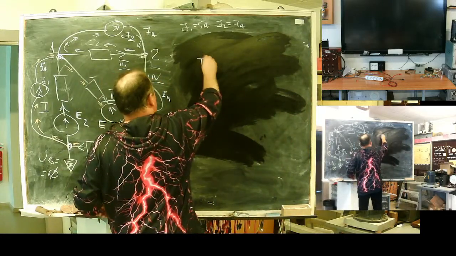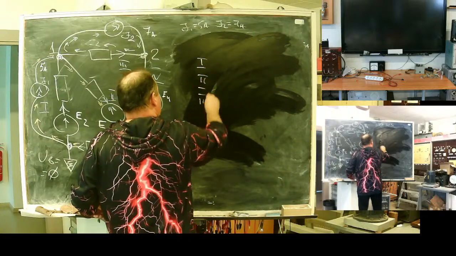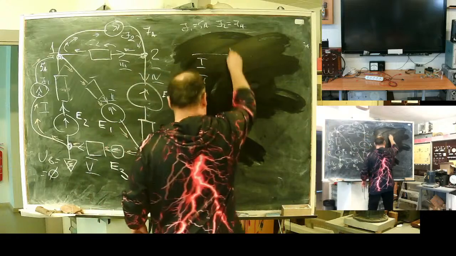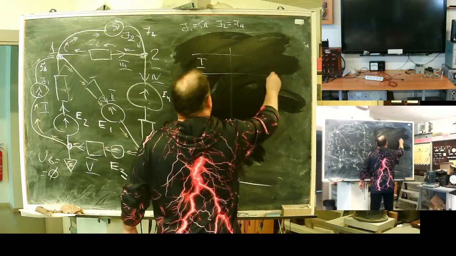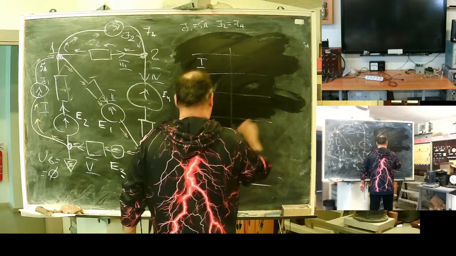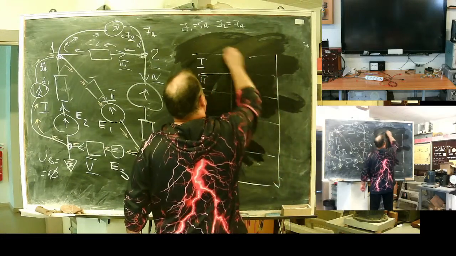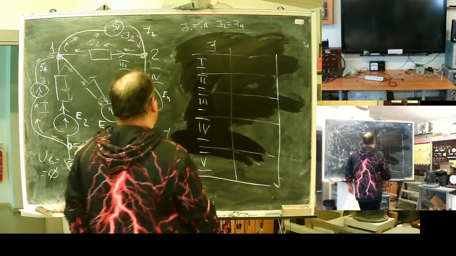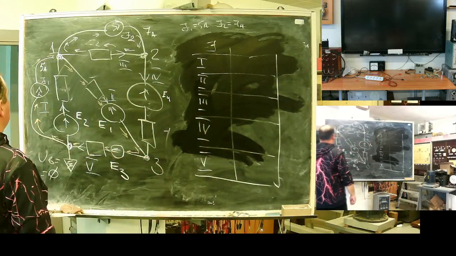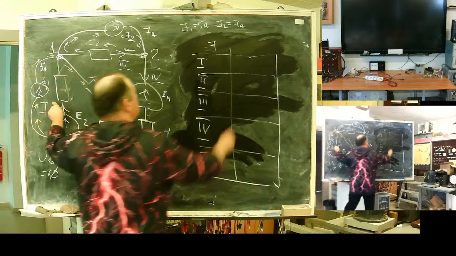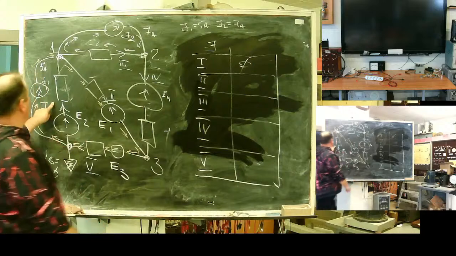Now what will we get? Branches 1, 2, 3, 4, 5. Branch 1, no additional current.